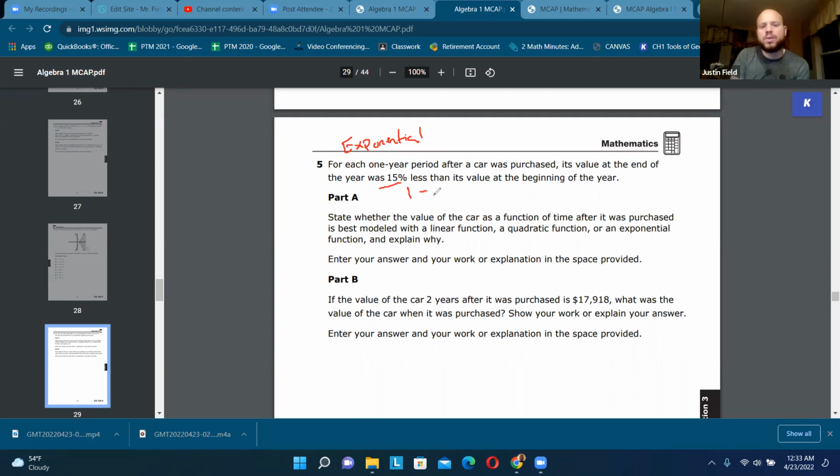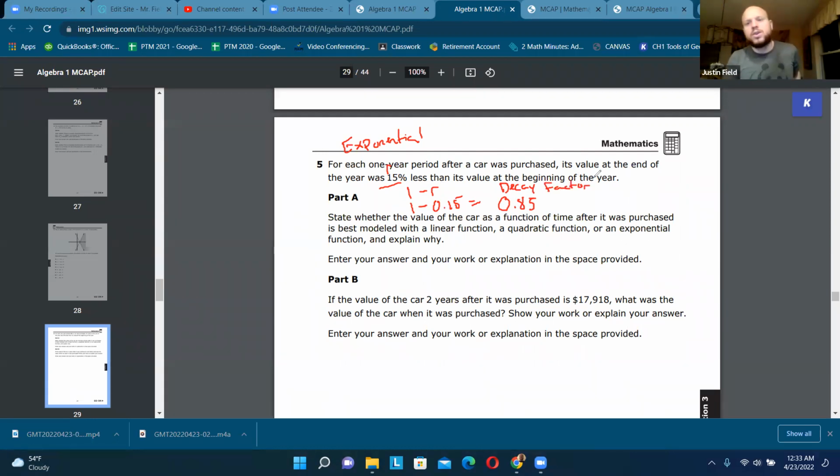So our growth rate is, well, we're subtracting 15. So 1 minus R, so 1 minus 0.15 equals 0.85. So this is our decay factor.